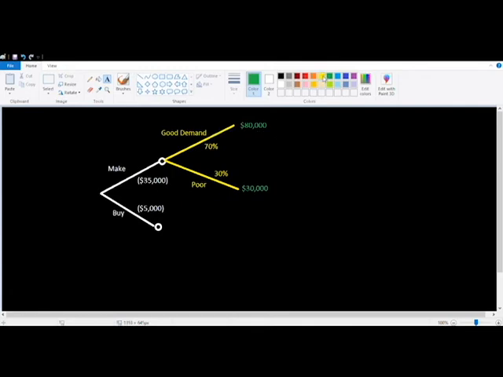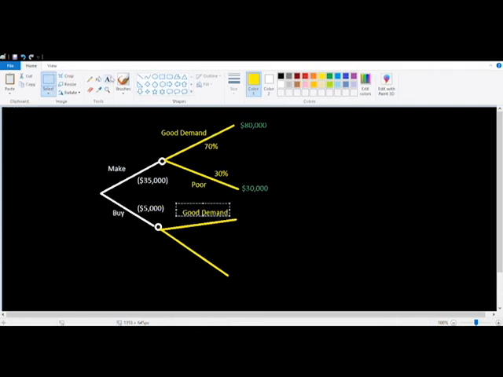Then we get to the second scenario, which very much like the first one, has two cases of good and poor market conditions with the same probability levels.